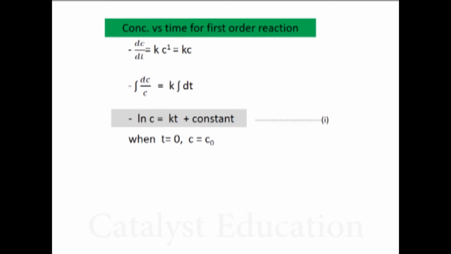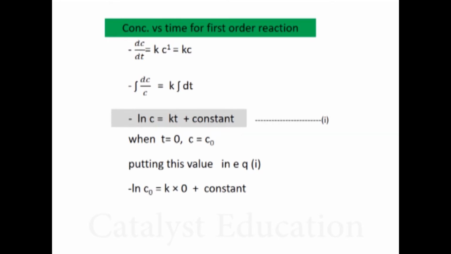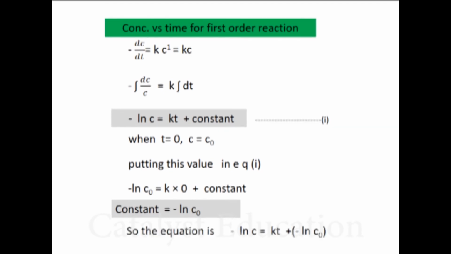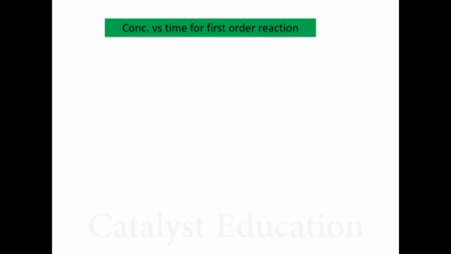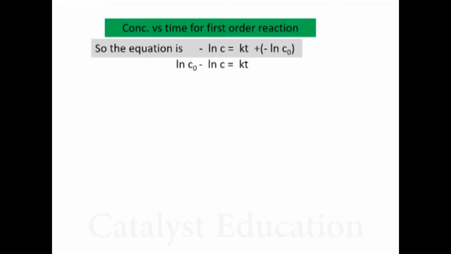Putting this value in the equation, we get minus ln c naught plus k into 0 is equal to constant. So constant is equal to minus ln c naught. So the equation is minus ln c plus kt equals minus ln c naught. We get ln c naught minus ln c is equal to kt. So ln c naught by c is equal to kt.